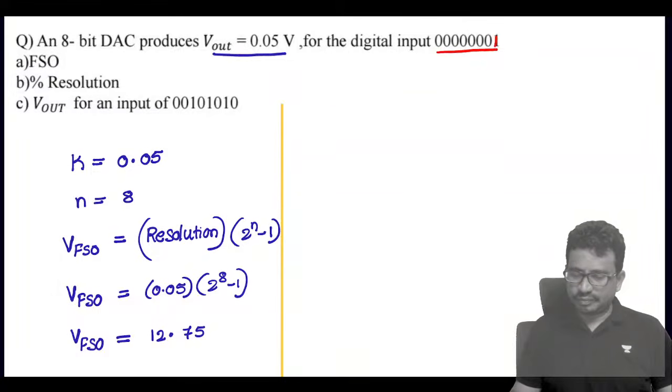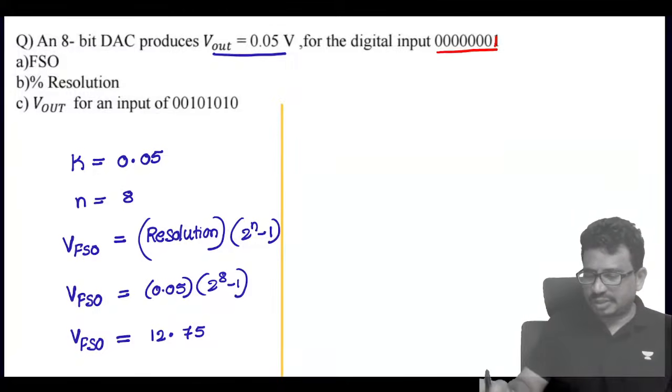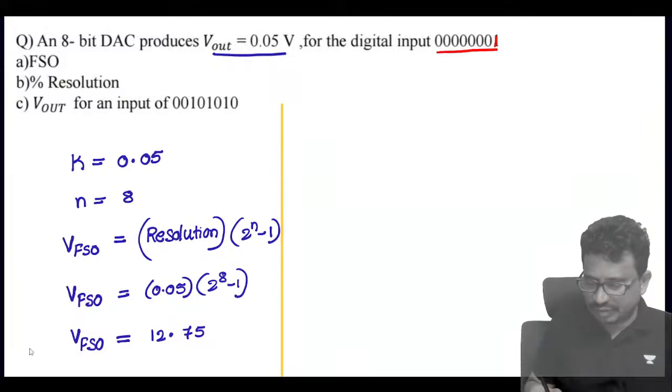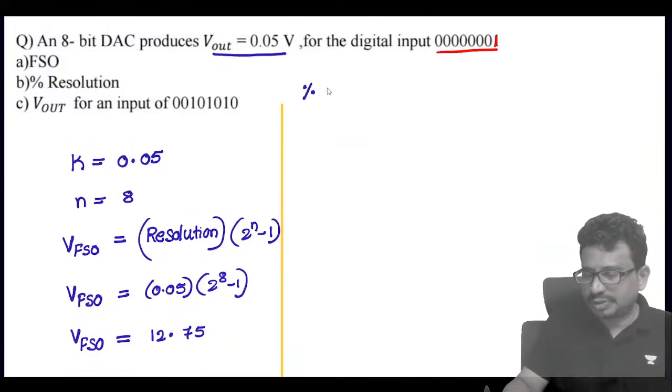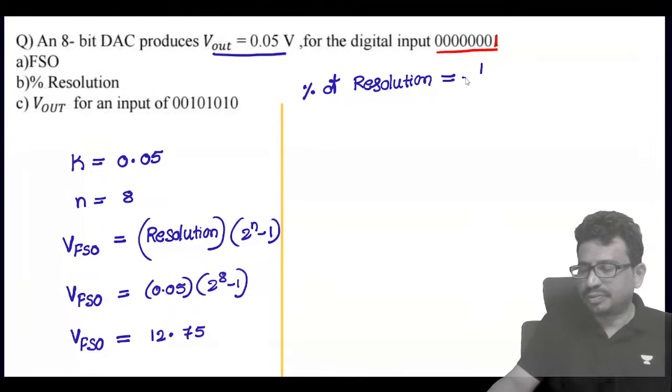Next, they asked to find the percentage of resolution. What is the formula for percentage of resolution? Percentage of resolution is given as 1 by 2 power n minus 1, into 100.